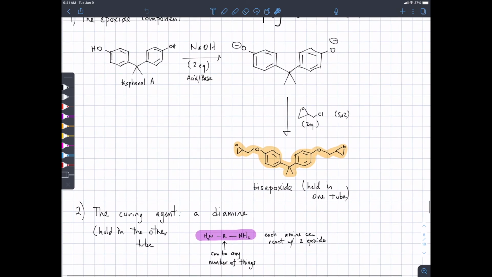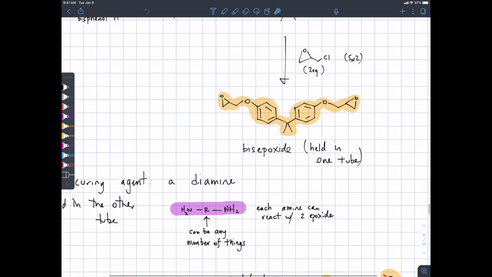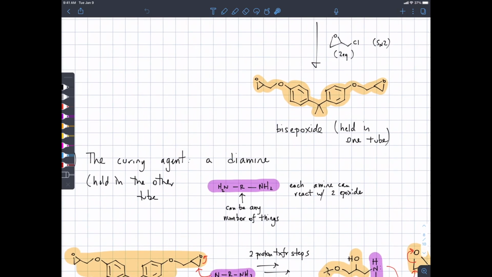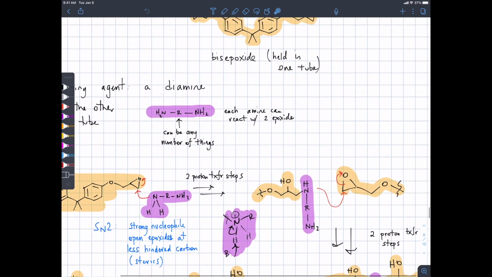So epoxy resin comes in 2 things, right? If you go buy JB Weld or something else, you often have 2 different syringes, one filled with the epoxide, the other filled with the curing agent. And the curing agent is a nucleophile. It's a diamine. So you've got the epoxide that has 2 epoxy groups on it, and then you have a nucleophile that has 2 nucleophilic groups on it. And what we're going to do is use one of those nucleophiles to open up one of the epoxides, and then we can use that nitrogen again to open up another epoxide. And then we can do that again on the other nitrogen.